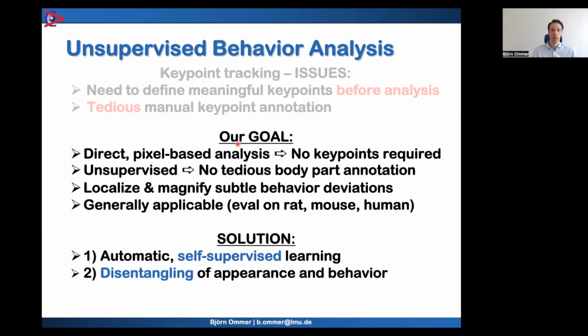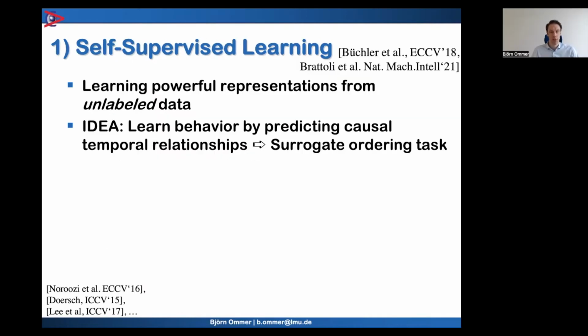There are two key steps towards solving this problem that we are now taking a look at. The first is self-supervision. That is, we learn a behavior representation without supervision from unlabeled data. The key idea is to establish a surrogate task. So rather than relying on posture annotations, we have our learning algorithm solve a temporal ordering task.